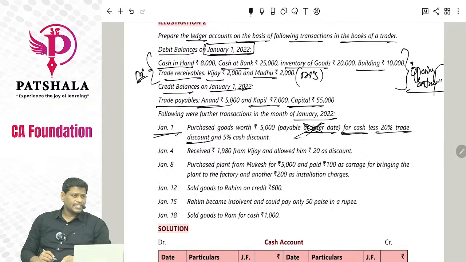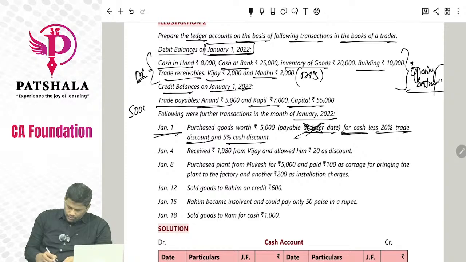Will you take trade discount? Never. Cash discount? Yes. So what is the total amount? 5,000. From that you deduct trade discount 20%. 4,000. On that, cash discount is 5%. 200.